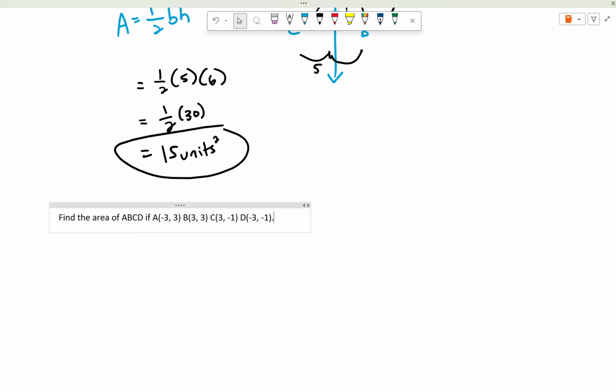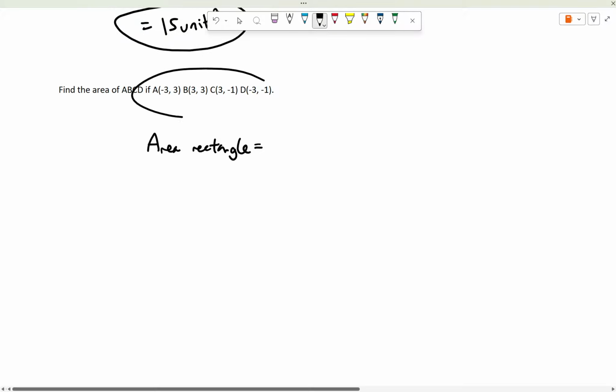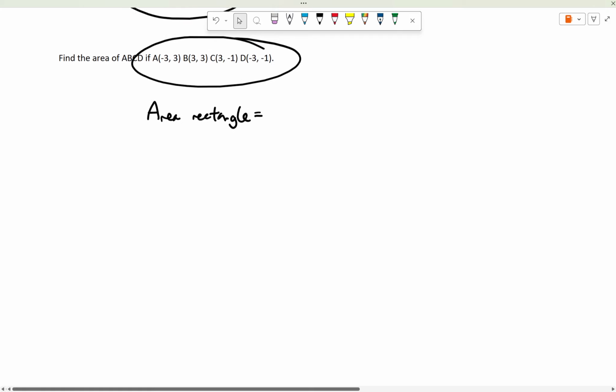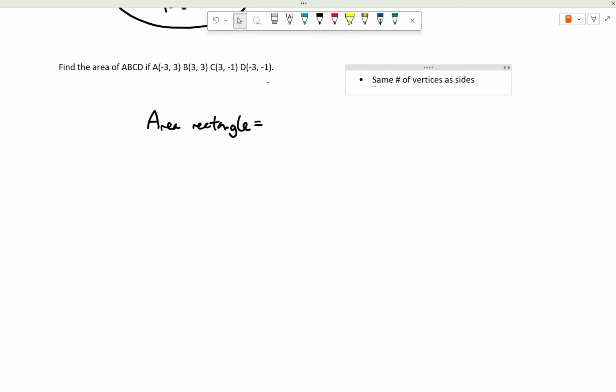Now, the area of a rectangle is the same effectively as, and again, this is a quadrilateral because it has 4 vertices, and remember, as I said before, let's make a little note of it. We're going to have the same number of vertices as sides. Okay.